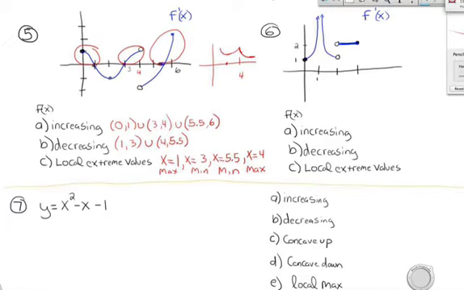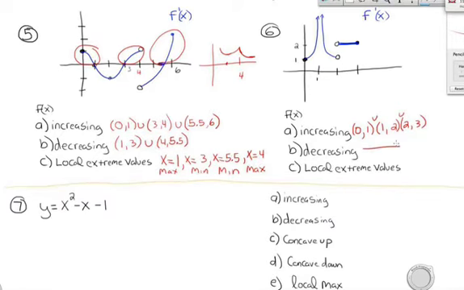So we're increasing everywhere but that. So I guess we should say from 0 to 1, not including 1, 1 to 2, not including 2, 2 to 3, with union or in between. So that's where it's increasing.